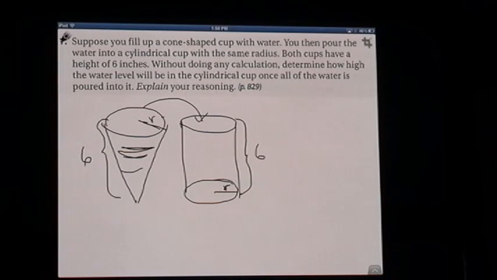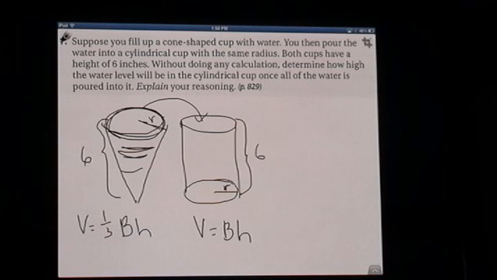Well, remember that the volume of this one equals 1/3 the area of the big base times the height, and the volume of this one is just equal to the base times the height. So if we filled this cup all the way to the top, it would be filled up with 1/3 of what that would be.